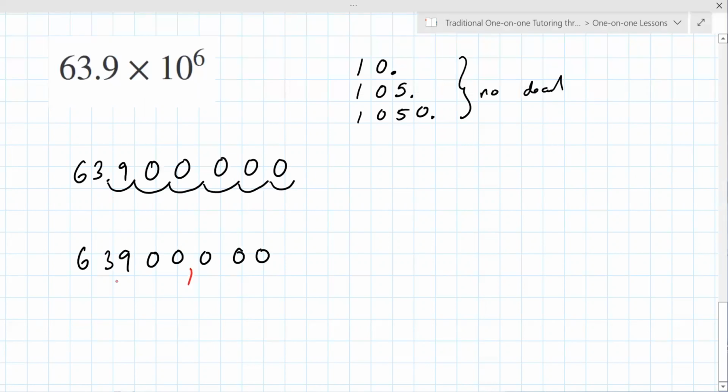Every 3 from the right? 3 from the right. So the commas start from the right. Okay.